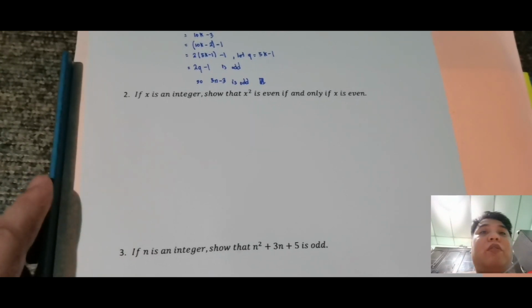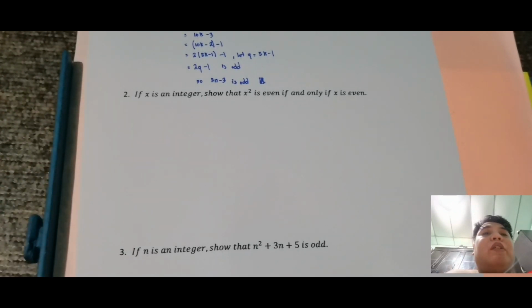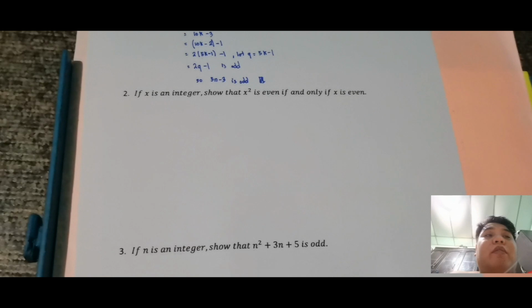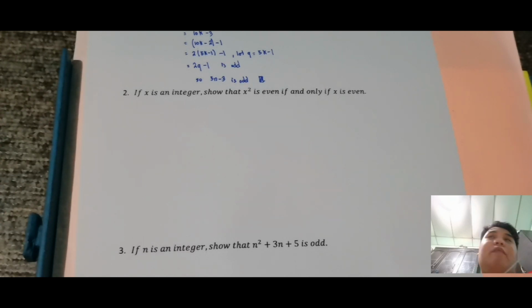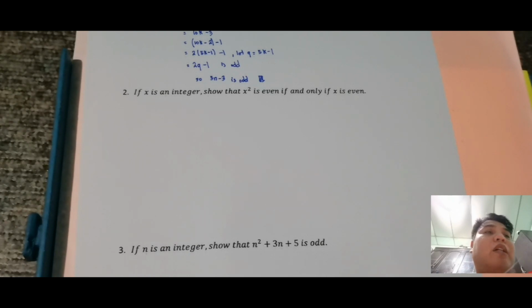Okay, so number 2, ang sabi, if x is an integer, so pasok dyan yung case 1 at case 2, pwedeng odd, pwedeng even. Then sabi niya, show that x squared is even if and only if x is even. Ang goal, para siyang biconditional, tama? If and only if kasi.